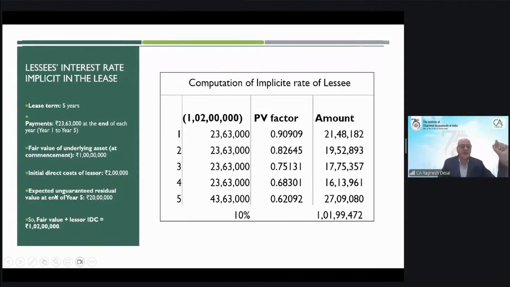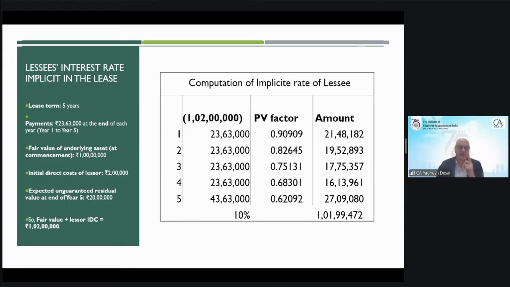Sorry, expected unguaranteed residual value is 20 lakhs rupees, which is given by the lessor. And so the fair value plus the lessor's initial direct cost is 1 crore 2 lakhs. I have plotted. So my initial investment is 1 crore 2 lakhs. This is 23. Again, why have I taken 43 lakhs 63,000 in terminal year number 5?